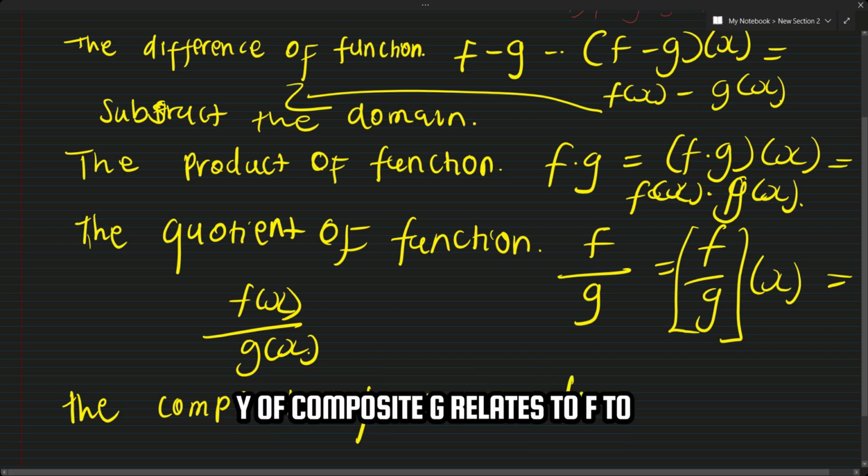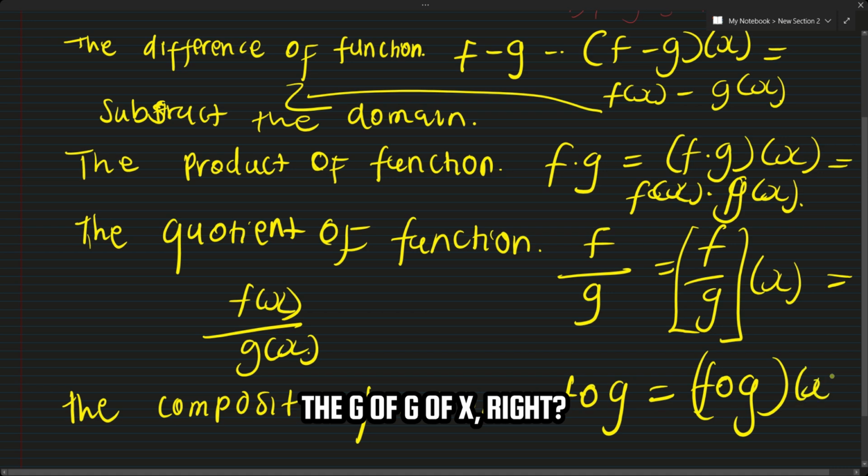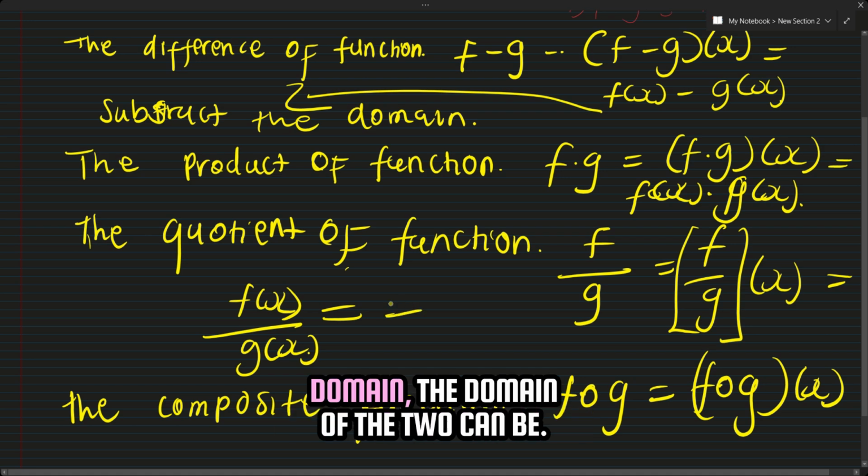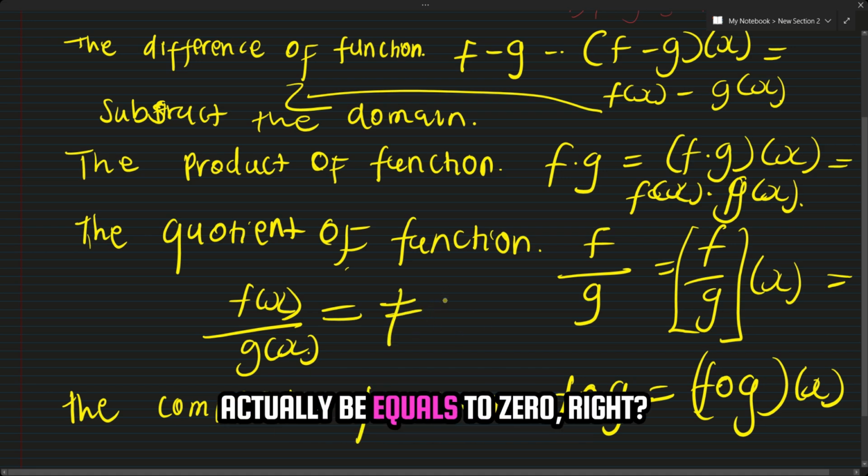Where f composite g relates to f of g of x, right? Now, do you remember here? So if we're going to find the domain of the two, it can actually be equal to 0, right?